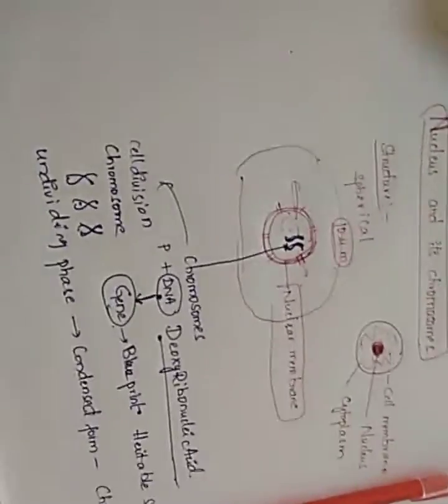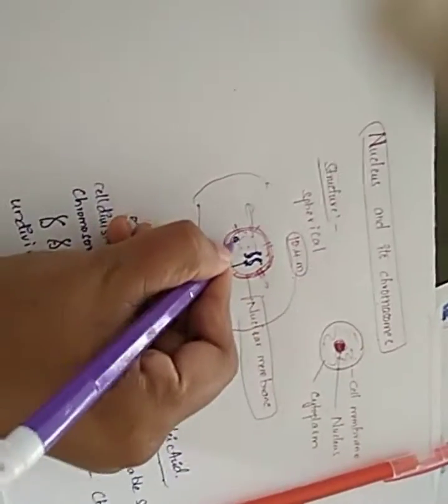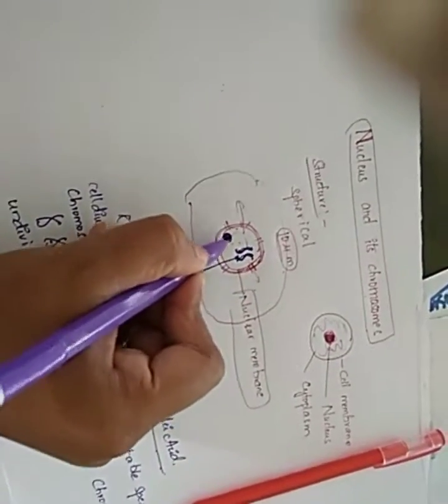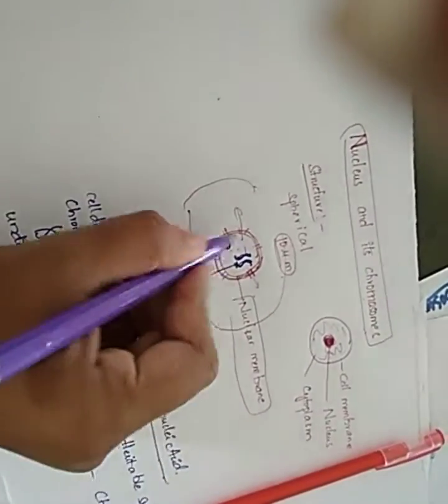The other part is the nucleoli. This is a round, spherical structure present within the nucleus.